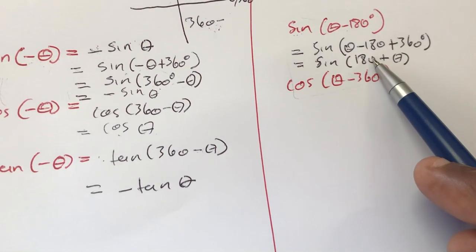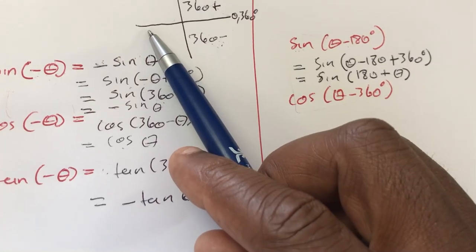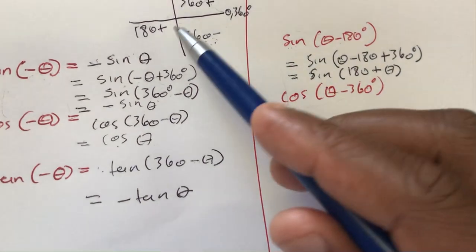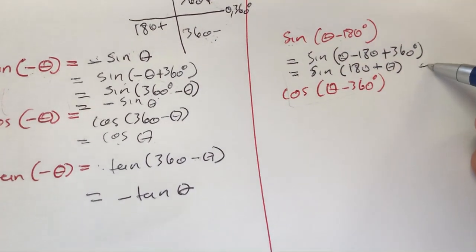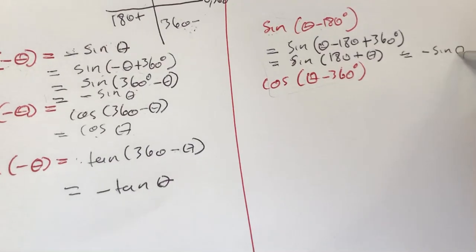This lies in the third quadrant. So this will be 180 plus theta. In the third quadrant, sine is negative. Therefore, the answer here will be equal to negative sine of theta.